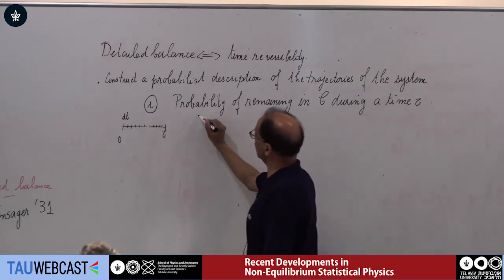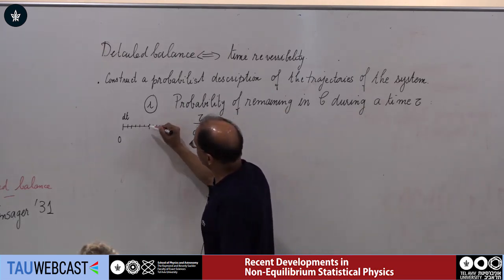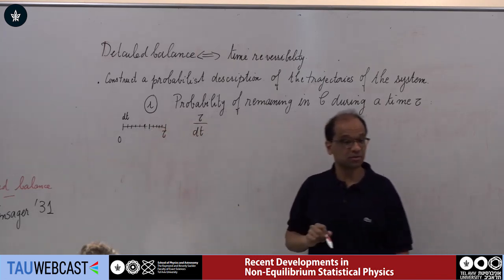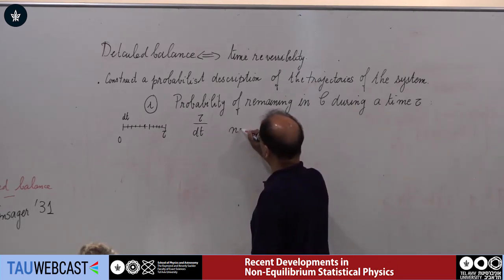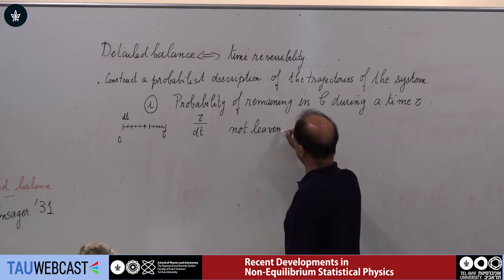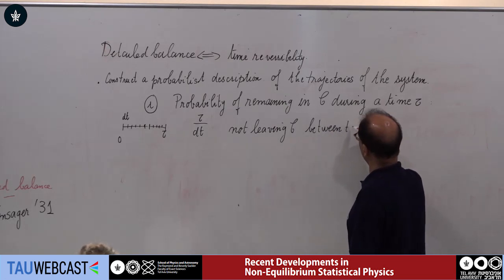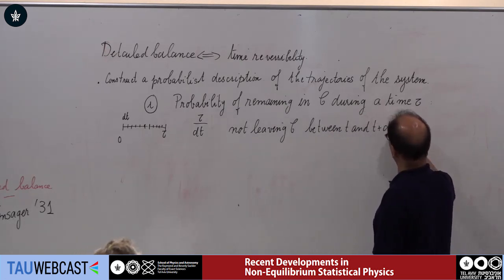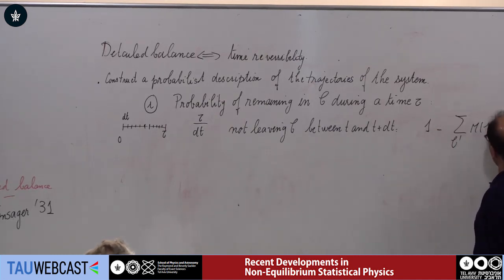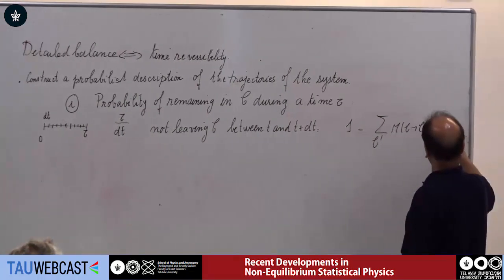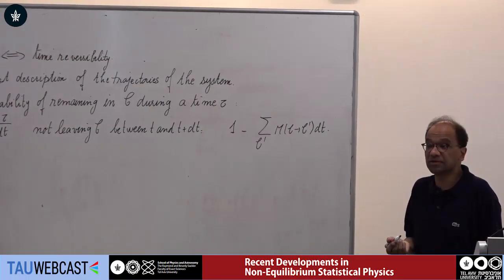I will have tau over dt small intervals like that. And what I want is that in each of these small intervals, I don't move. I don't leave C. So what is the probability of not leaving my configuration C between t and t plus dt? It's 1 minus the probability of leaving it, so going somewhere. Okay, that's the probability of not leaving it between t and t plus dt. I go nowhere. Is it clear?